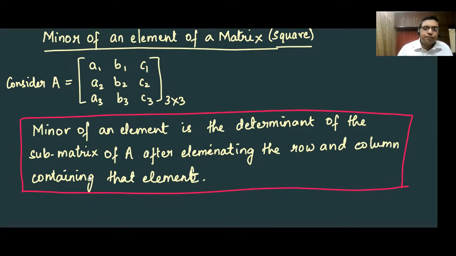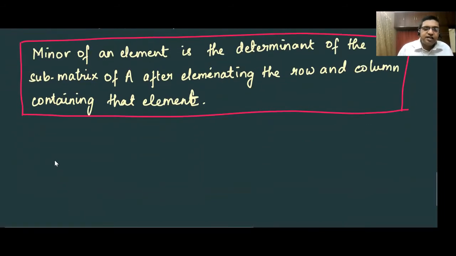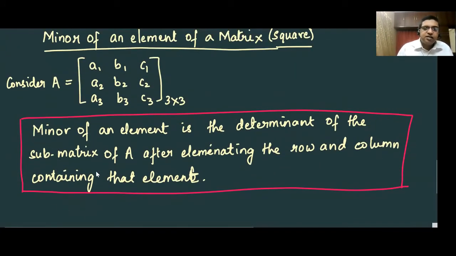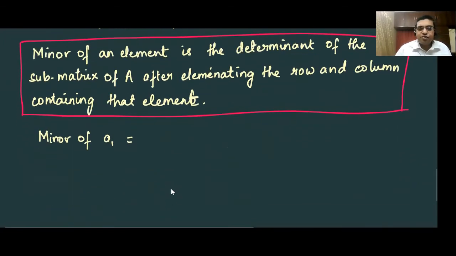Now how? Let's say this is the matrix. So minor of element A1: to get the minor of element A1, we remove the row and the column containing A1, and take the determinant of the rest, B2, C2, B3, C3.